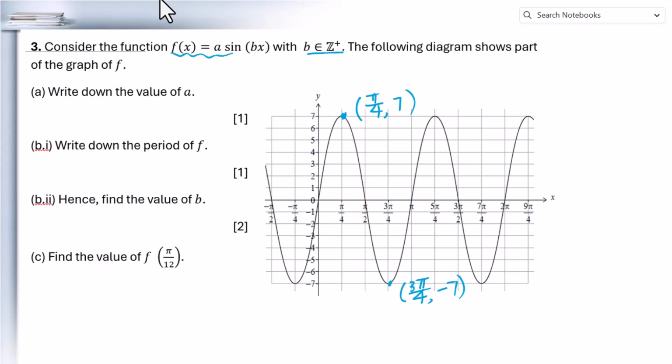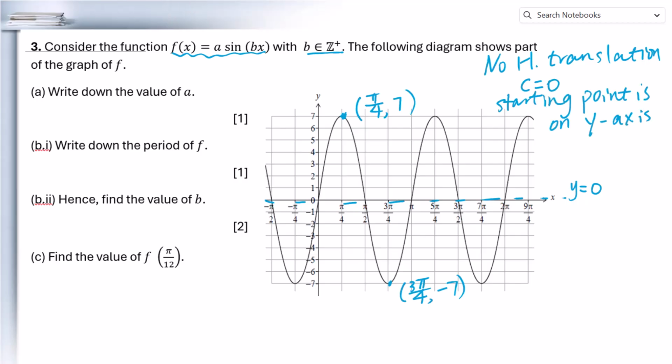From the given function, you could say there is no horizontal translation and no vertical translation, which means the midline is the x-axis, y equals 0. Since there is no horizontal translation, when c equals 0, the starting point is on the y-axis.